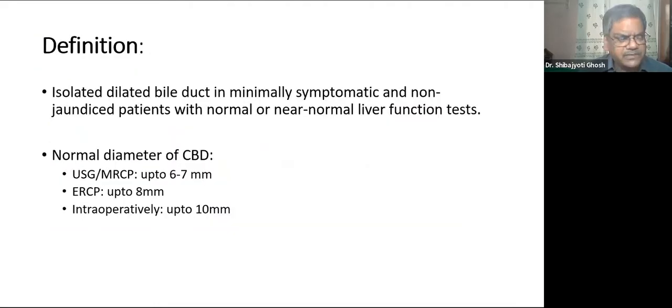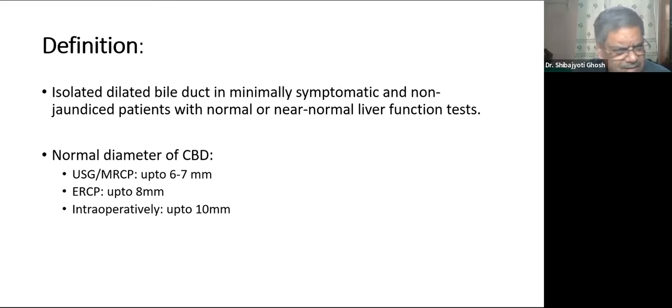So let's first see the definition of dilatation of common bile duct. The definition varies according to the investigating modality that you are using. In ultrasonography, it is up to 6 millimeter of the diameter of the common bile duct.